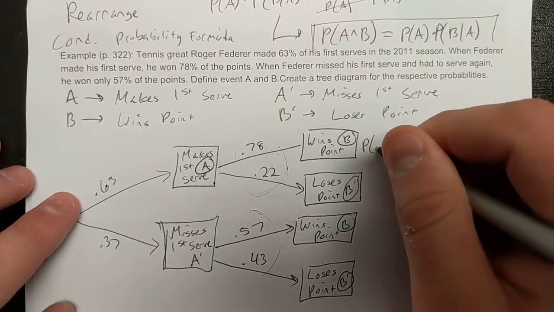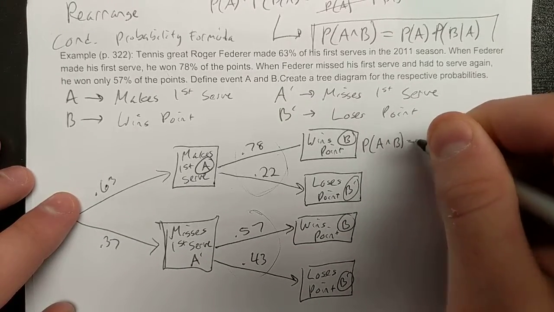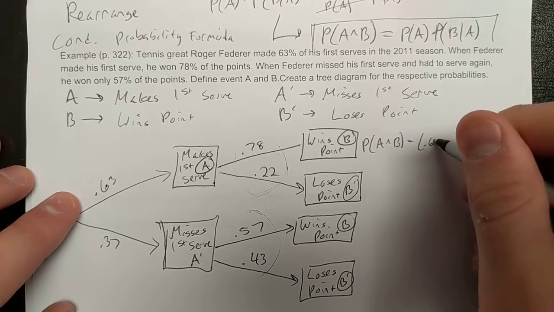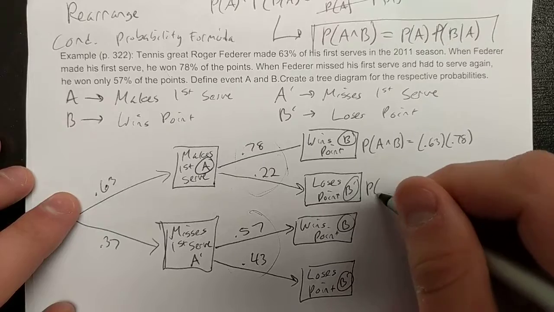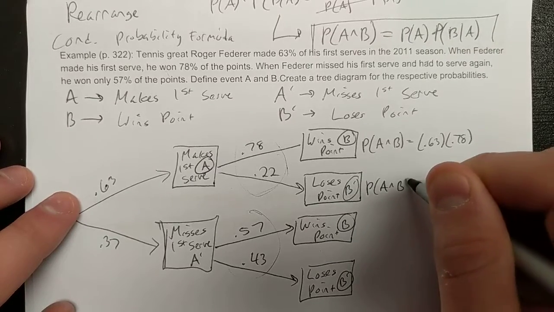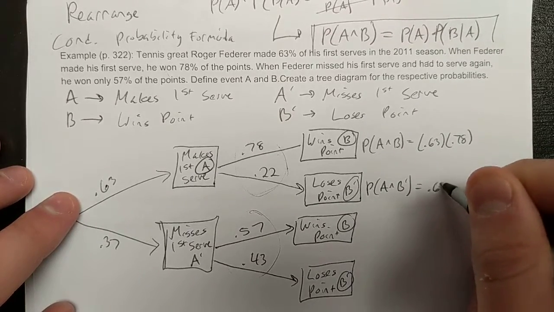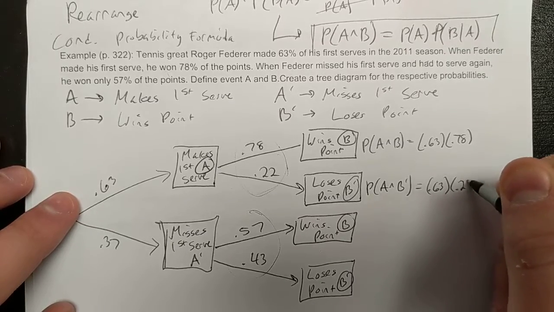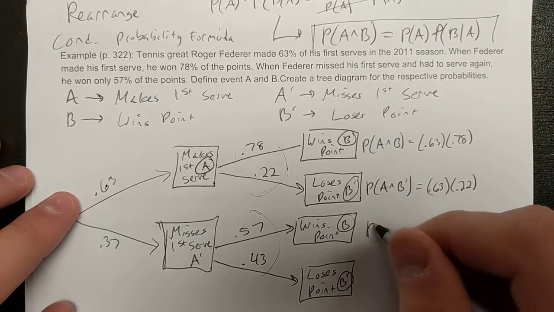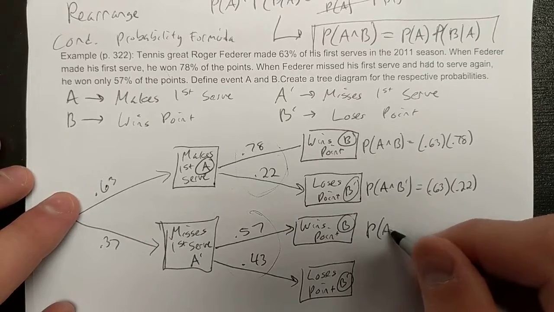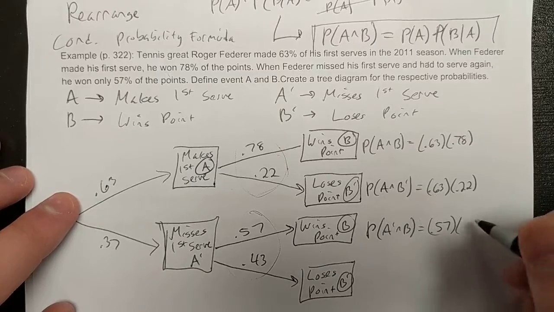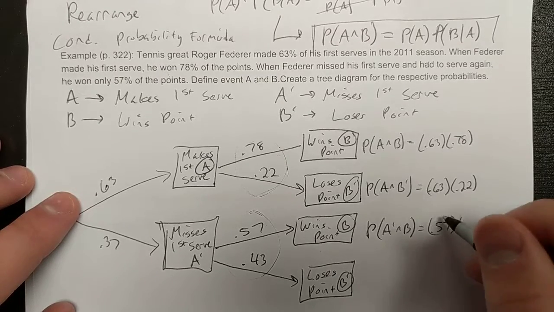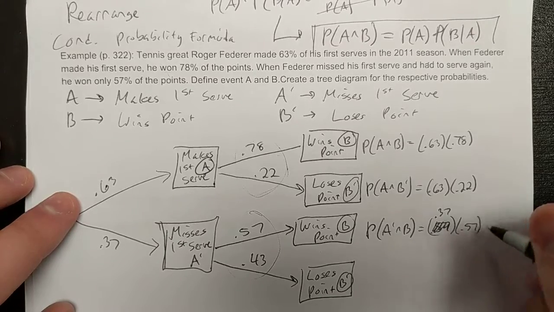So if you want to find the probability of A and B in this case, you're simply going to multiply 0.63 times 0.78. Probability of A and B complement happening is going to be 0.63 times 0.22. Probability of A complement and B happening is 0.37 first and then 0.57 second.